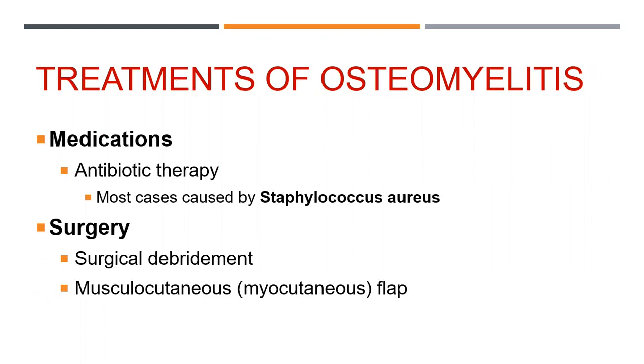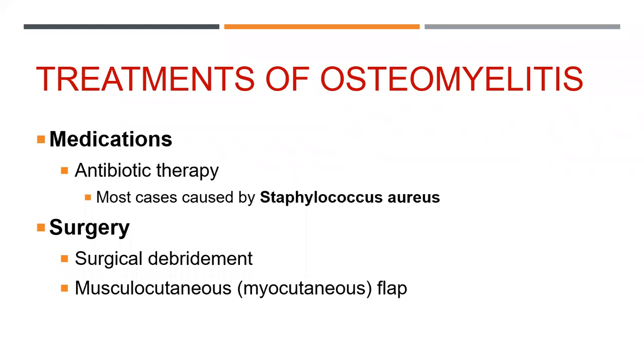So to treat this, we'll be giving the patient high-powered antibiotics through their IV, and full recovery is possible with minimal loss of function if it's an acute situation and we catch it early. Most cases of osteomyelitis are caused by Staphylococcus aureus.